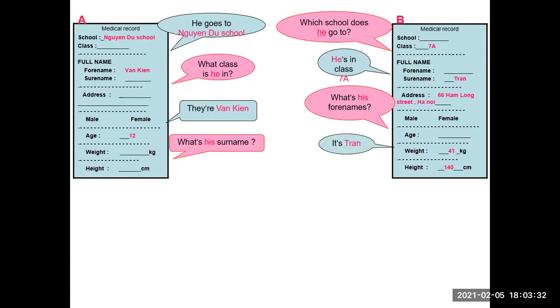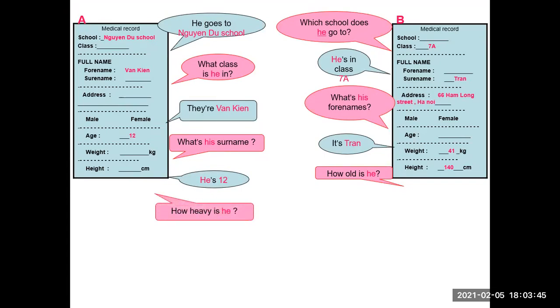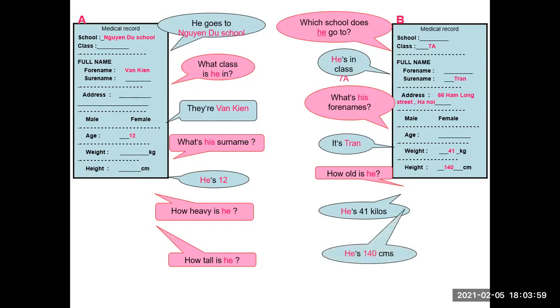It's Chinh. How old is he? He's 12. How heavy is he? He's 41 kilos. How tall is he? He's 140 centimeters.